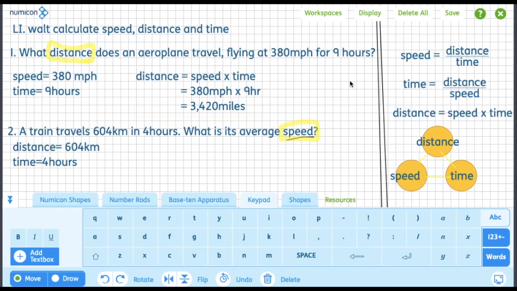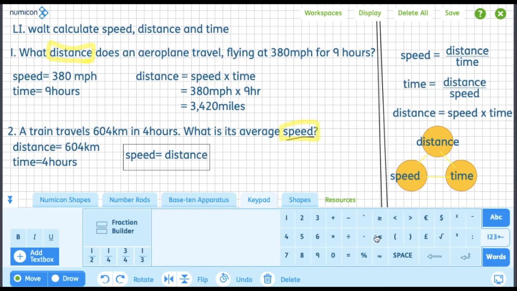So our equation, if we look over here for speed, is distance over time. So we're going to go speed equals distance. And you can do it like that, but it's going to be easier for me to do the division symbol. So distance divided by time.